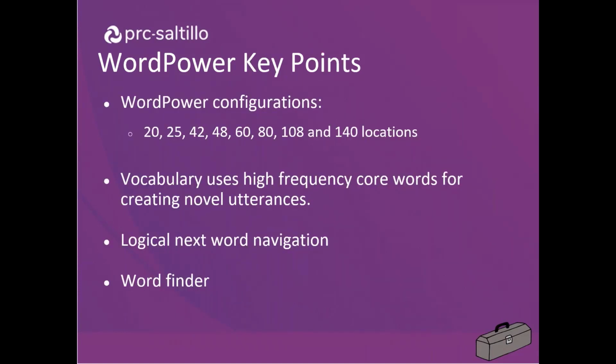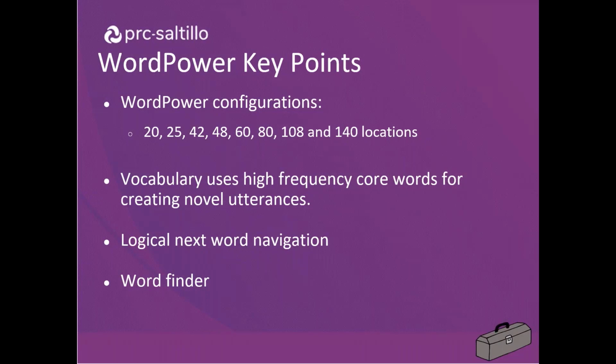Key points for WordPower to consider: those WordPower configurations of 20 buttons all the way up to 140 buttons per page. Again, thinking through, looking at it, I can relate to this where we want to start with smaller, and sometimes that's not always the best option.